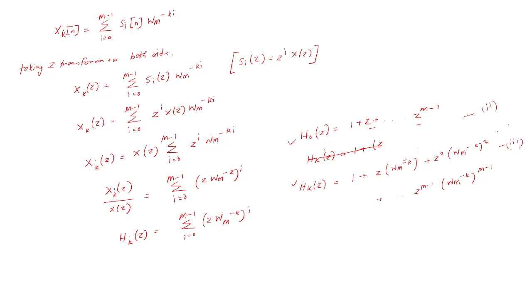Comparing both 2 and 3, you can see H_k of z is nothing but, if you replace z by z omega_m to the power minus k here, you would get the same expression, if you observe carefully.